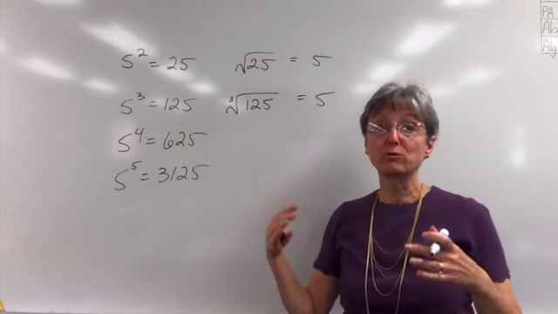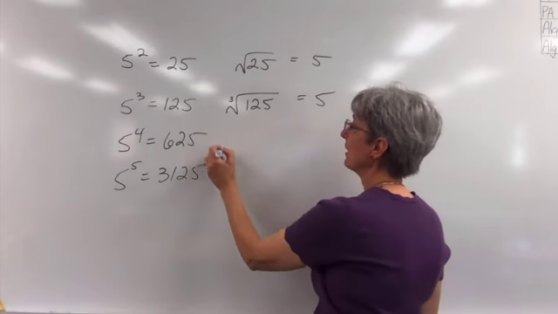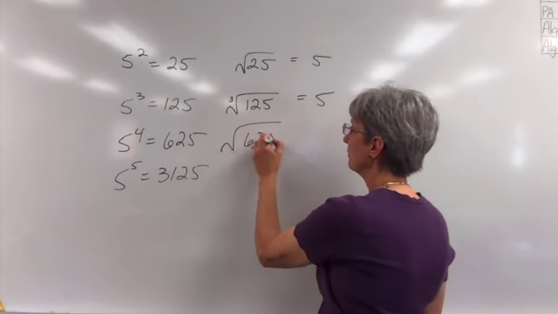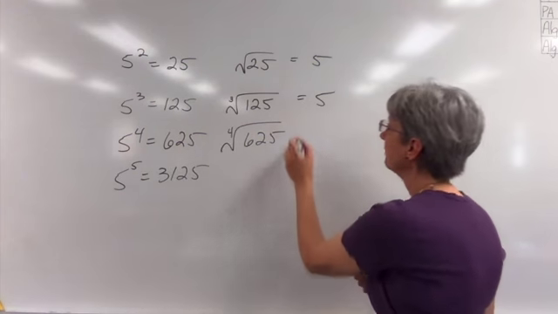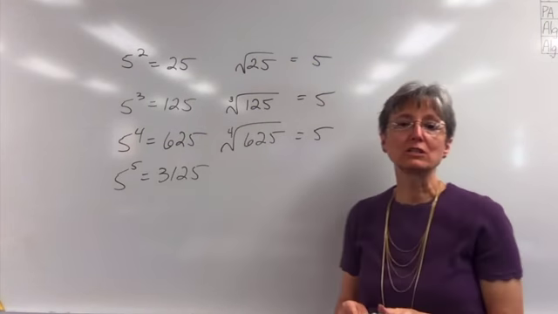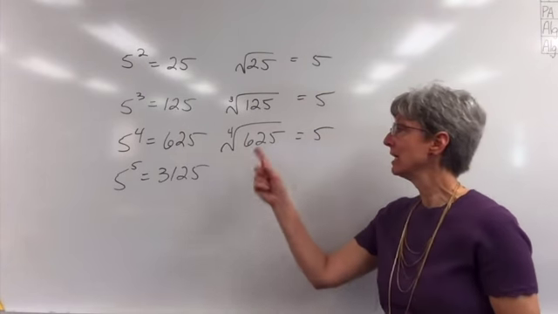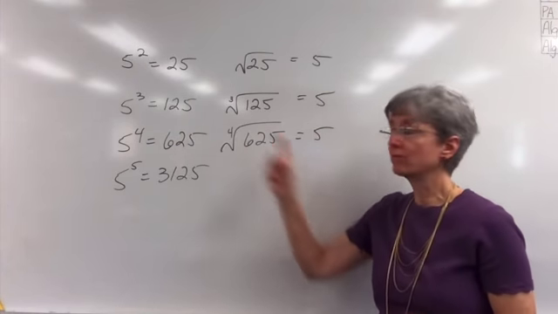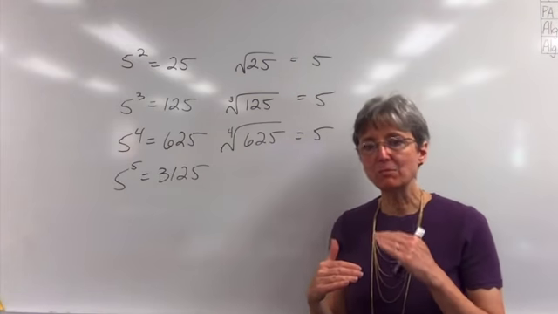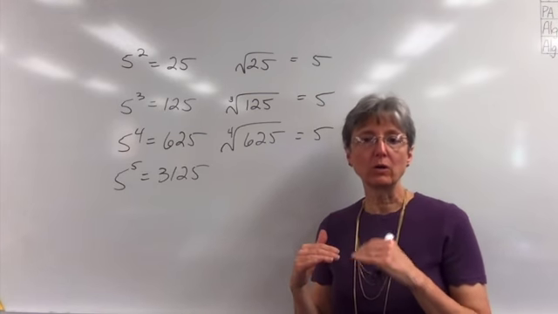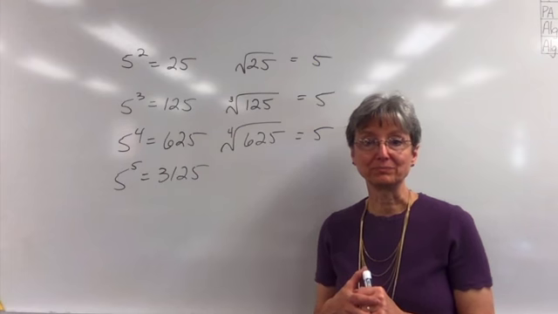So the fourth root of 625, you guys are getting the idea, right? The fourth root of 625 is 5, which means what number multiplied by itself 4 times equals 625. That's what a fourth root means. So that's the basis for what we are doing in this section.